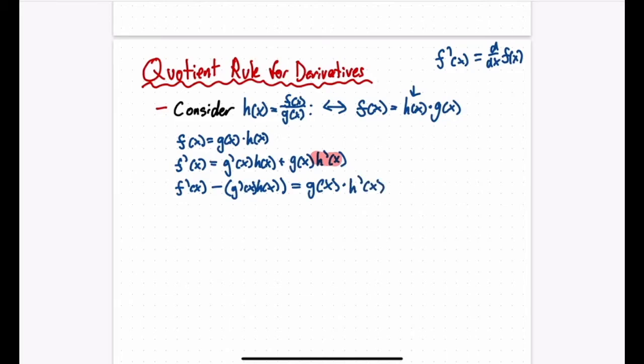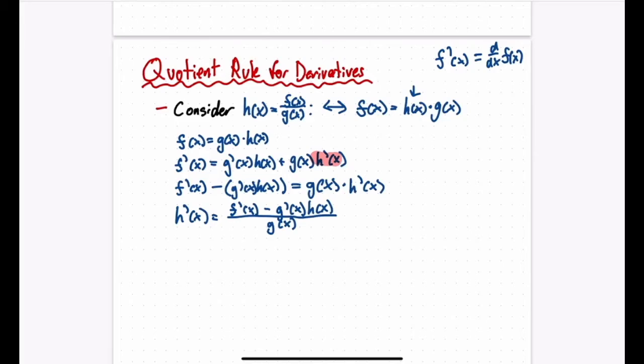And now we can divide both sides by g of x and have that be the denominator, and then we've isolated that h prime of x. I'm going to flip over the equal sign just so that we always have that h prime of x on the left hand side instead of the right hand side, but it'll mean the same thing. So h prime of x is equal to f prime of x minus g prime of x times h of x, all divided by g of x. Okay, now we've isolated that h prime of x. Alright, so we're happy with that.